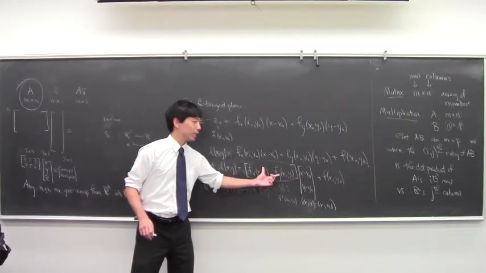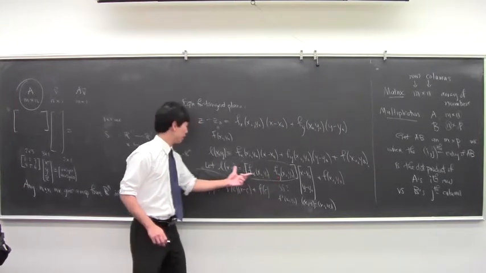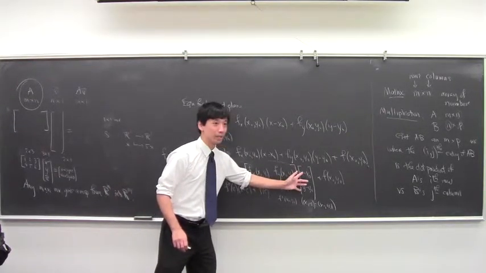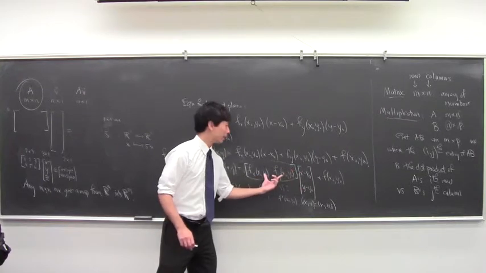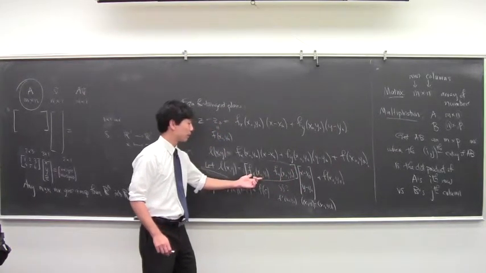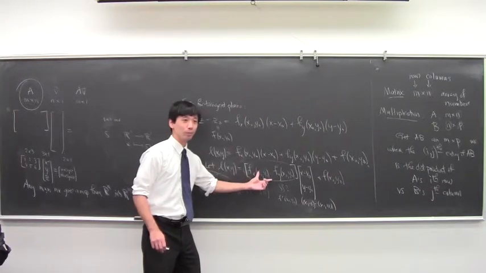You'll take the Rn guy into Rm, and the matrix will consist of lots of partials.